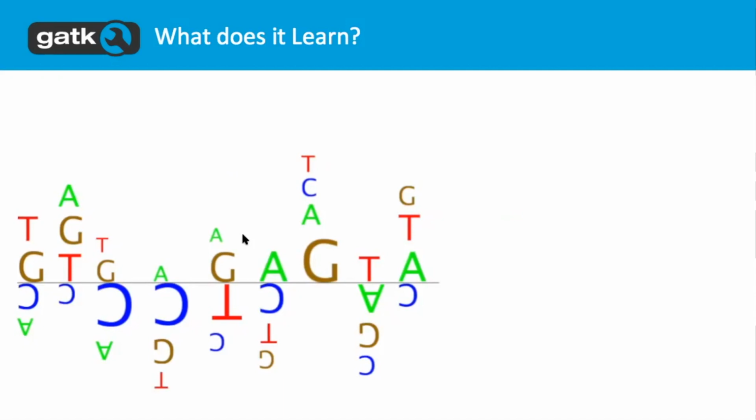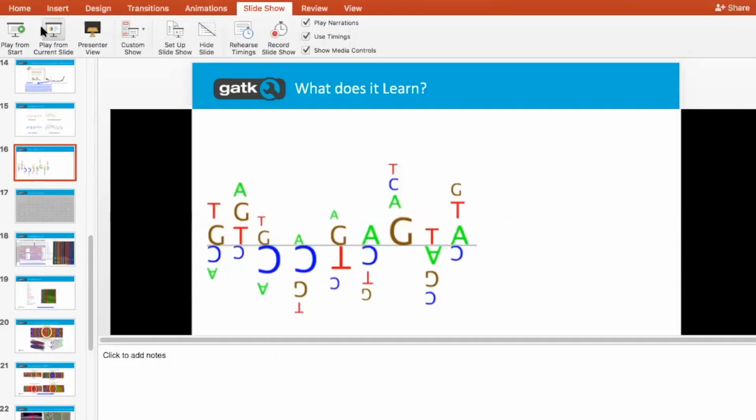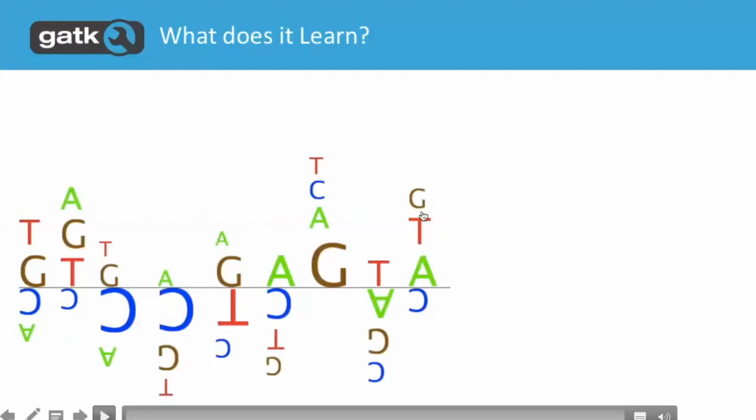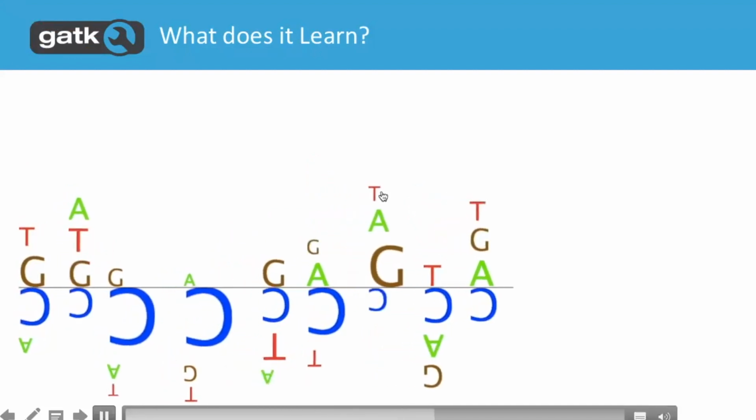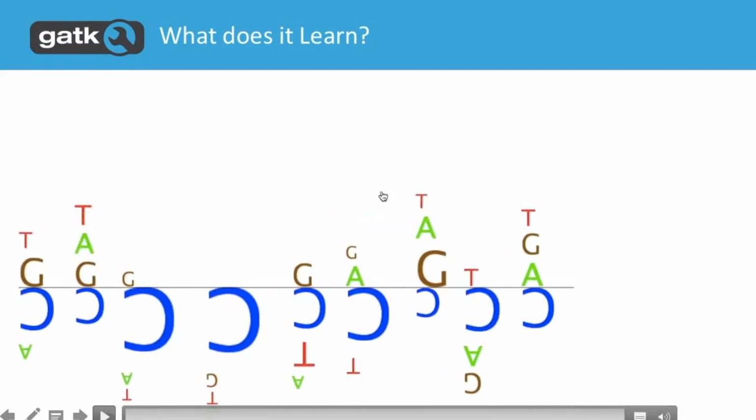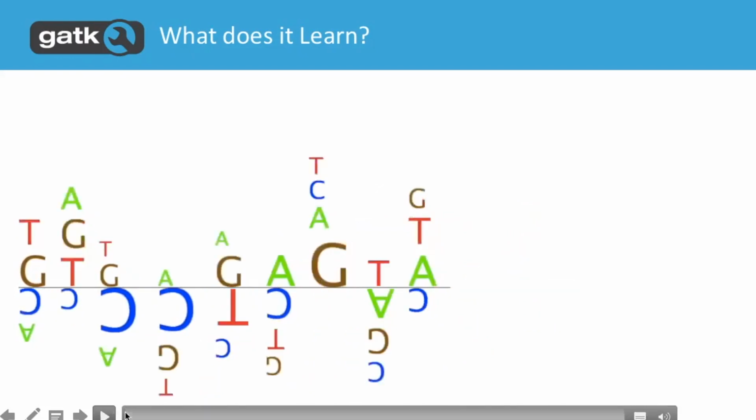And then we do our deep neural network magic, the backpropagation, to try to learn the weights of those position weight matrices. And this is what happened. Okay, so this is an example of our motif finder in training.